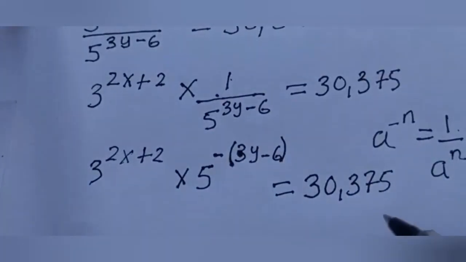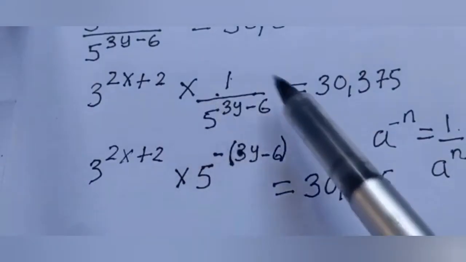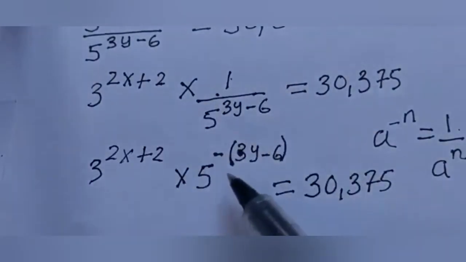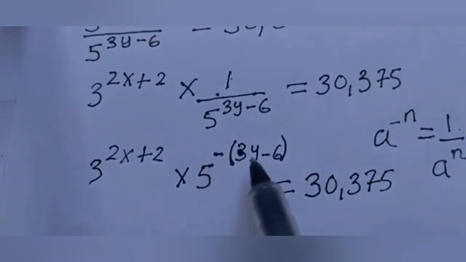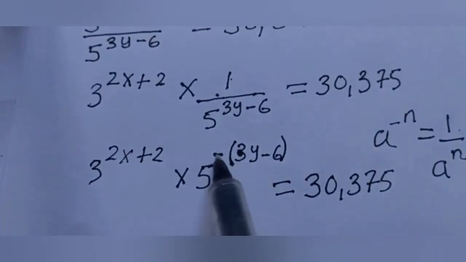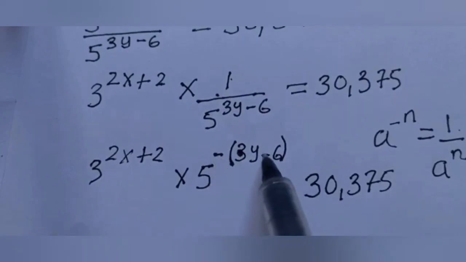So far we have expressed this one in this form by using the law of exponents, which is the negative exponents. So here, let's open the brackets, multiply negative 1 times 3y, negative 1 times negative 6.